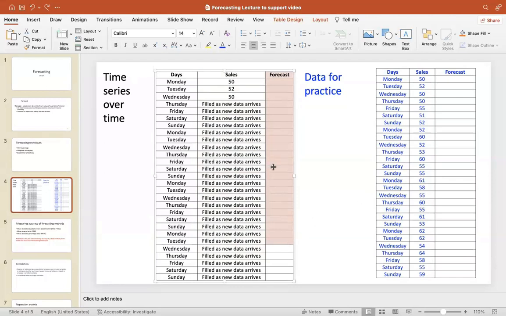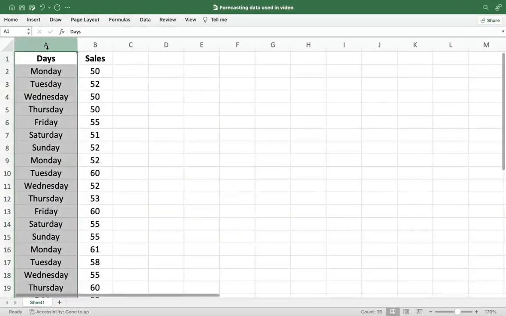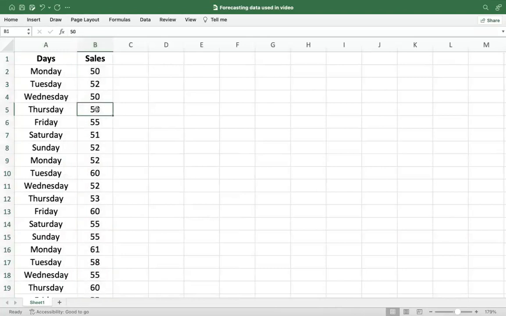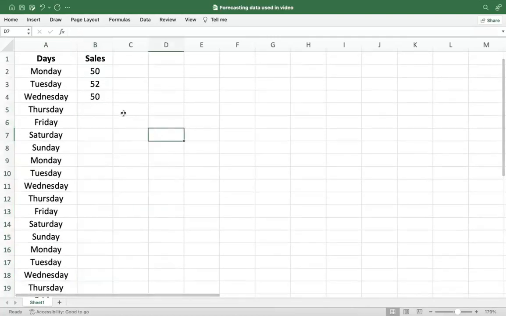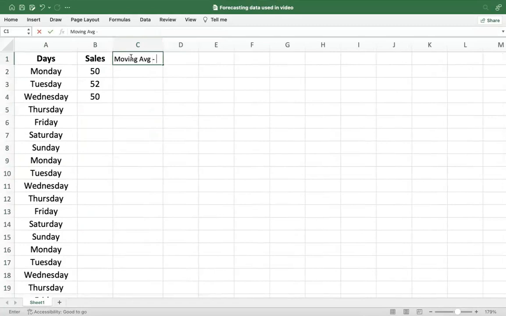For the sake of this lecture, I'll be using this data, with days and sales. We can imagine that at one point this is not available and we have to make a forecast for Thursday. The first technique that we'll be using is called moving average, and I will be using a 3-period moving average.